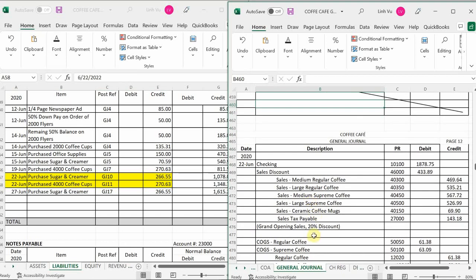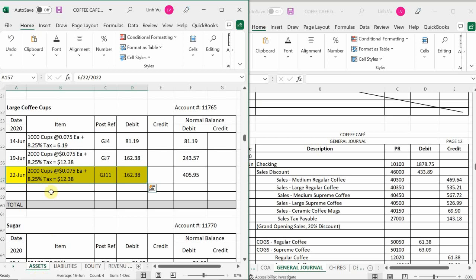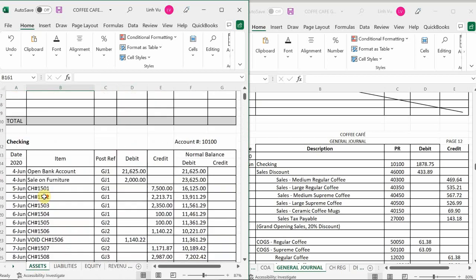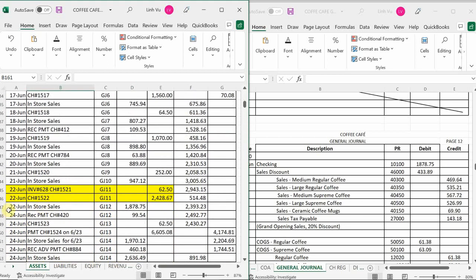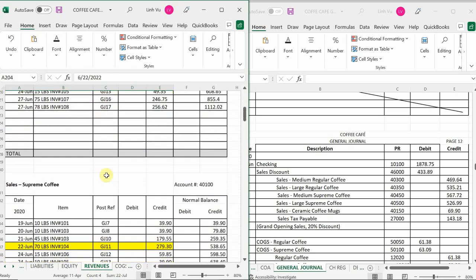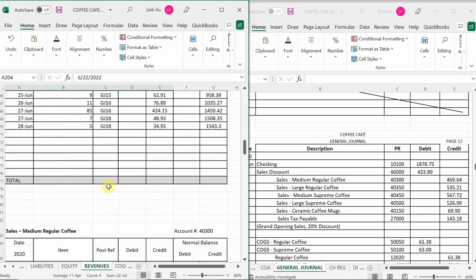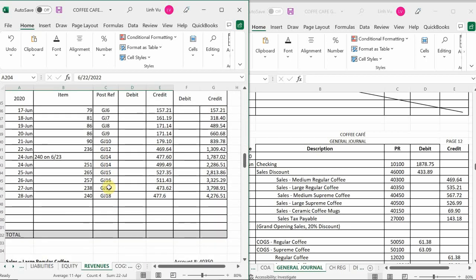Okay. Then we got checking, sales discount, and all the sales. Oh man. So checking for 1878. Just gonna have to go through every single one. 1878. And go through the sales. Okay, let's see.